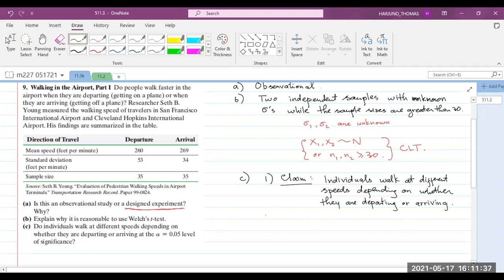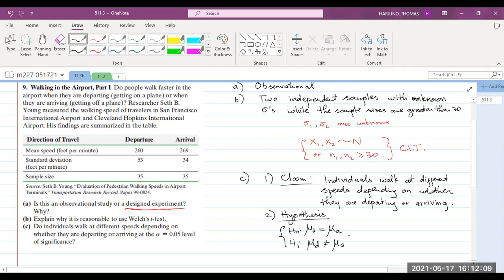Step 2, hypothesis. Null hypothesis: mu departure equals mu arrival, right? Because the claim is they are different, mu departure not equal to mu arrival.